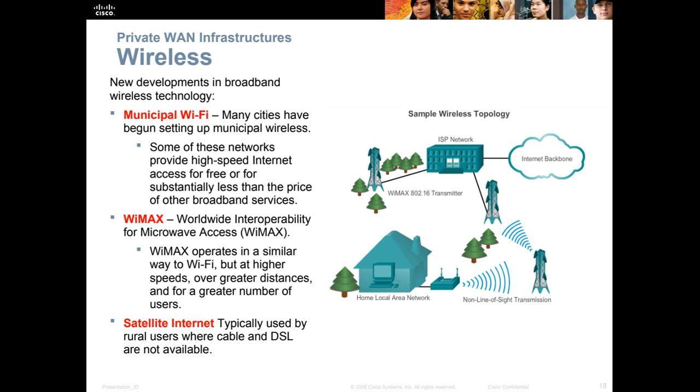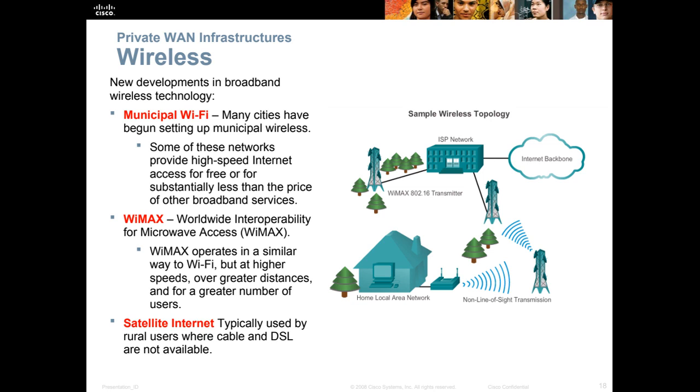Wireless, we have Wi-Fi or municipal Wi-Fi. Many cities have begun setting up municipal wireless. Some of these networks provide high-speed internet access for free or for substantially less than the price of other broadband services. Okay.